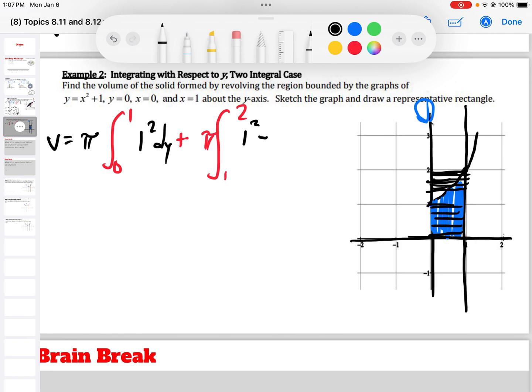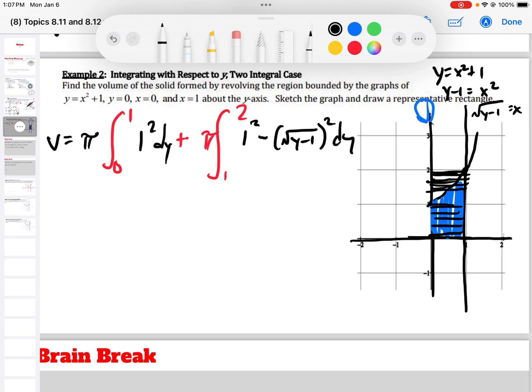But I need this in terms of y. The equation is y equals x squared plus 1, and I'm integrating with respect to y, so I need to solve for x. So y minus 1 is equal to x squared; square root both sides, and I'll take the positive square root. So the radius would be the square root of y minus 1, squared, because I'm trying to find the area of a circle, dy.